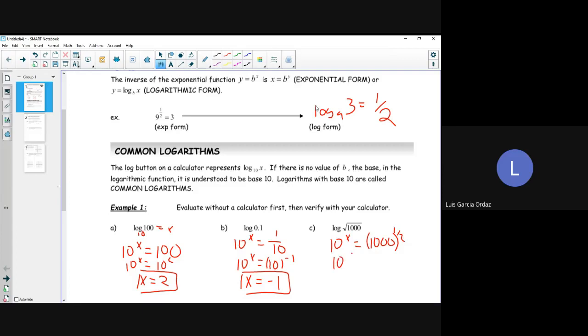So we get 10 to the x is equal to 10 to the 3, to the 1/2. So in reality, what does this simplify into? Three over 2. So you get x is equal to 3 over 2. So remember, guys, whenever there isn't a number on the base, it is always safe to assume that the base is automatically 10.